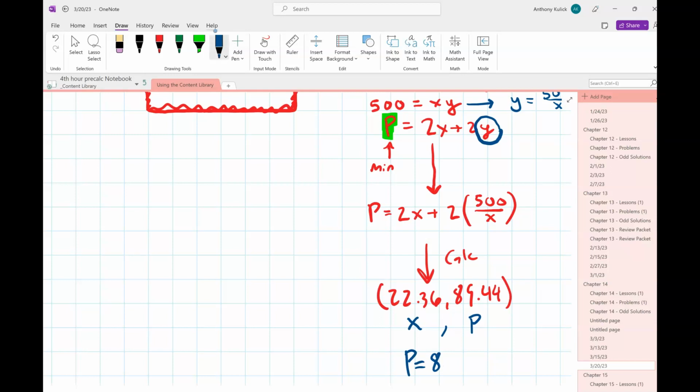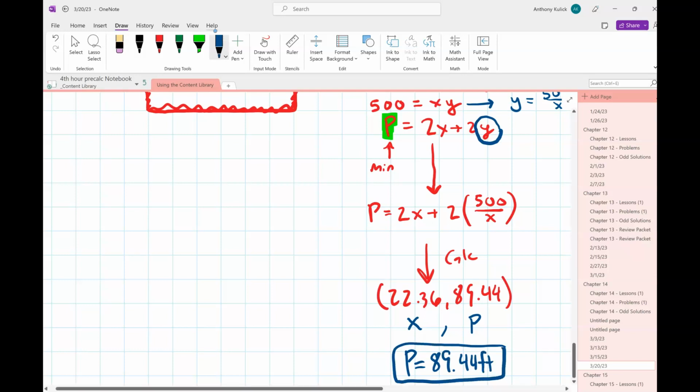So my p is 89.44 feet. It's the least amount of fencing that I can use to build my rectangular pen that contains 500 square feet of area. What do you guys think?